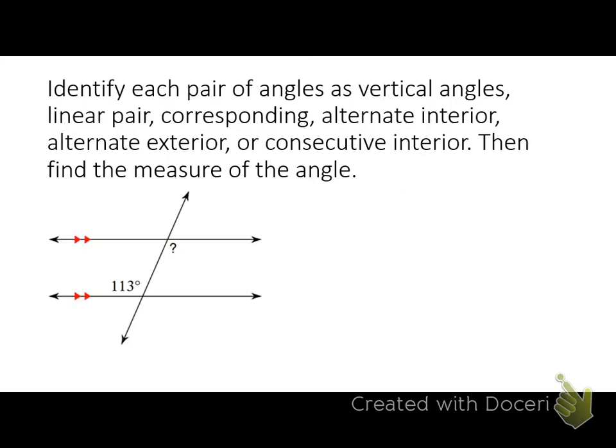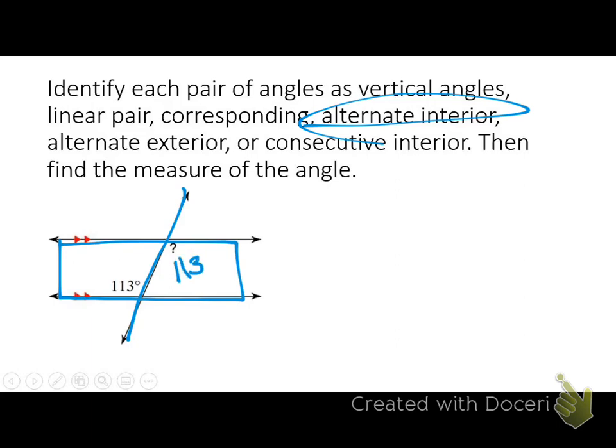That's better. You can erase your board and set it aside whenever you answer your last question. So they're both on the inside, and they're on opposite sides of the transversal. So they're alternate interior, which means they're congruent. And this is 113.